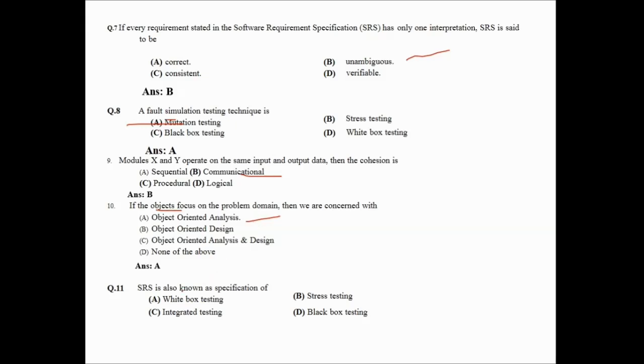Now, SRS is also known as specification of white box, integrated, stress, or black box testing. It is actually black box testing, because black box testing is done against the SRS, while white box testing and other testing are done against the design and structure of the program or software.